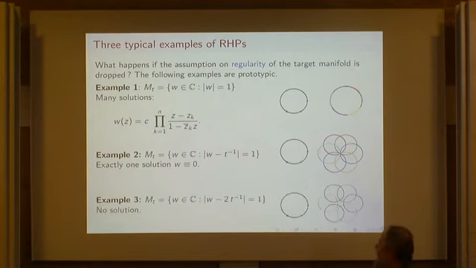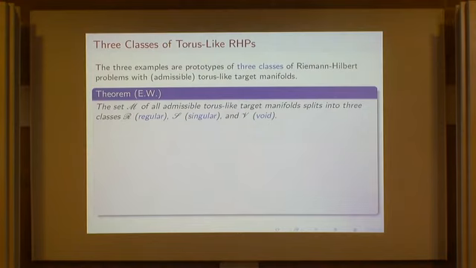And this is the reason why these torus-like Riemann-Hilbert problems split into 3 different classes. And these are prototypes of the 3 classes. If we make these circles still more eccentric and let them go around in the wrong direction, then we have no solution at all. And here's the answer to the general problem.